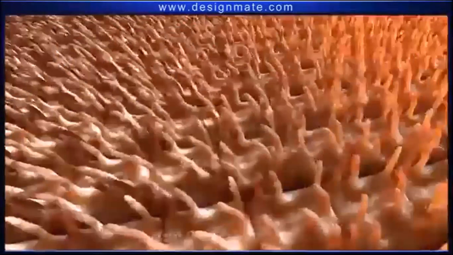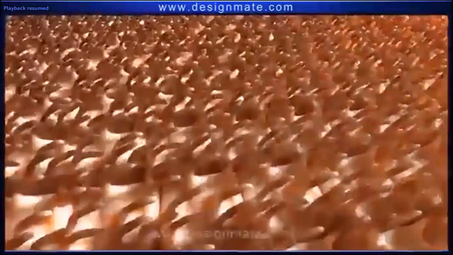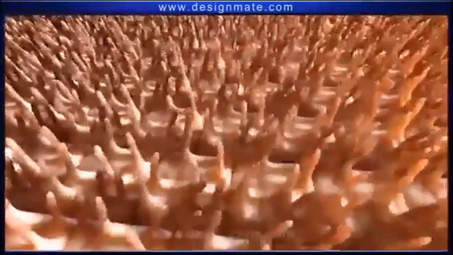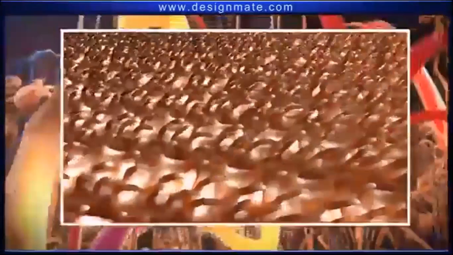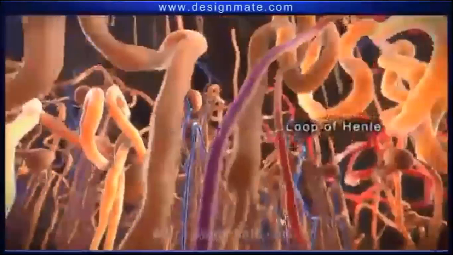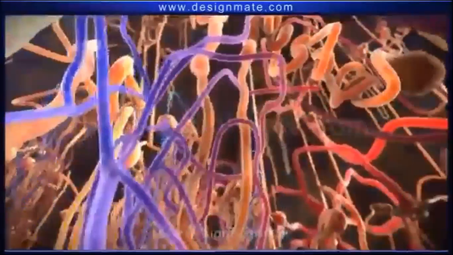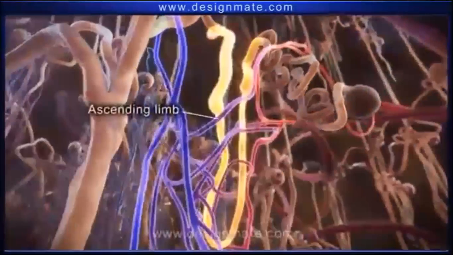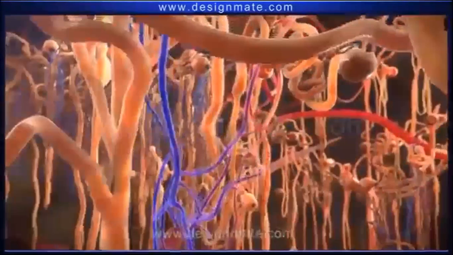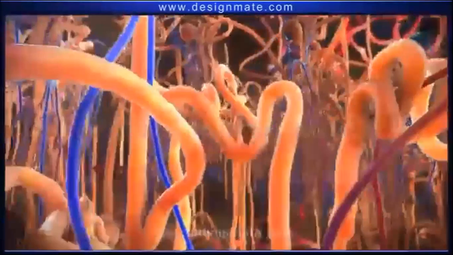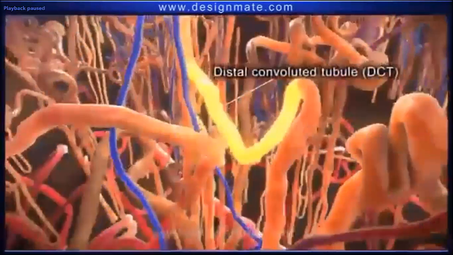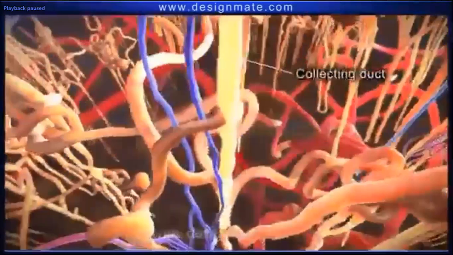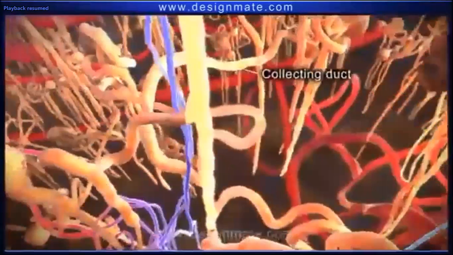It has a brush-bordered epithelium, which we call microvilli. This PCT leads into the loop of Henle, a U-shaped structure with a descending limb and an ascending limb. This further leads to the DCT, the distal convoluted tubule, at the end of the cortex region, and it opens into the collecting duct.